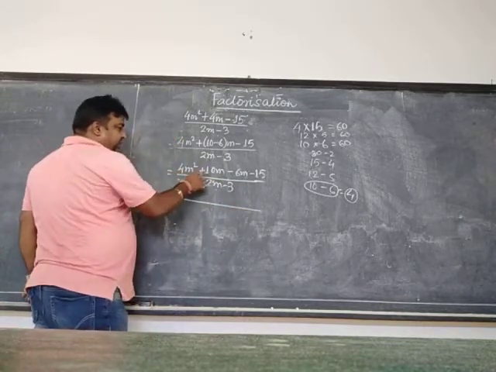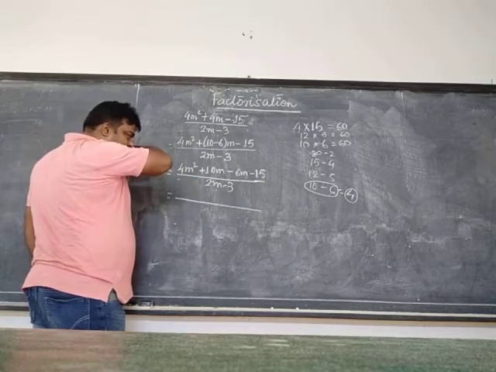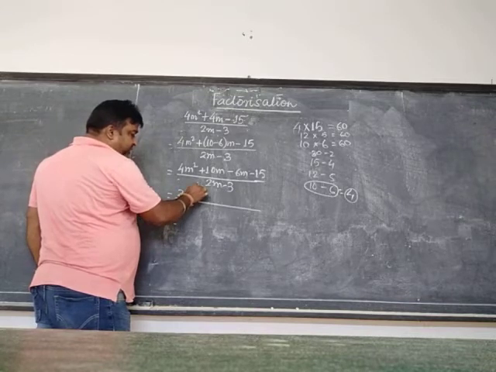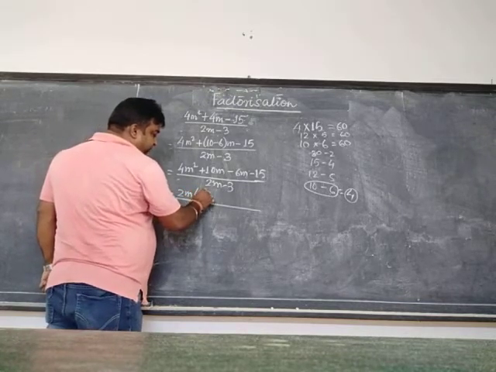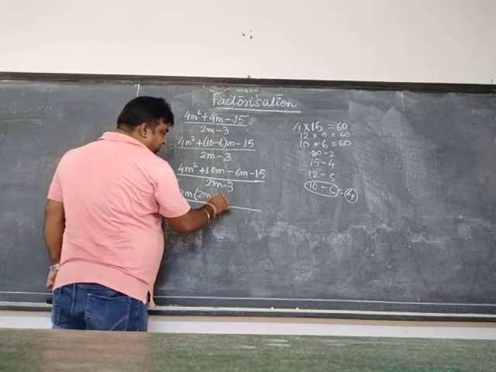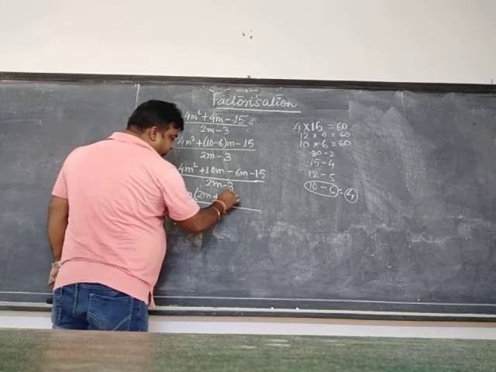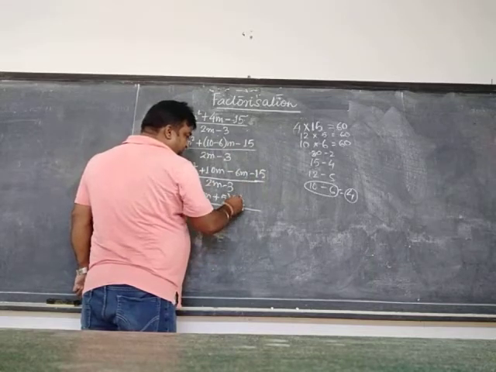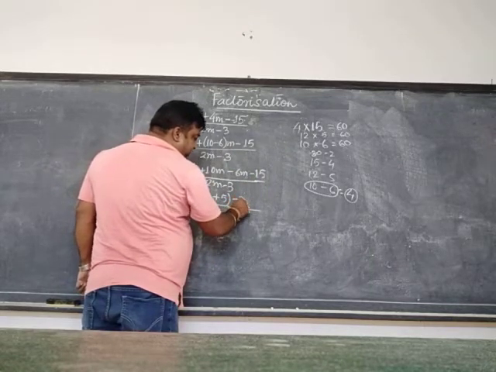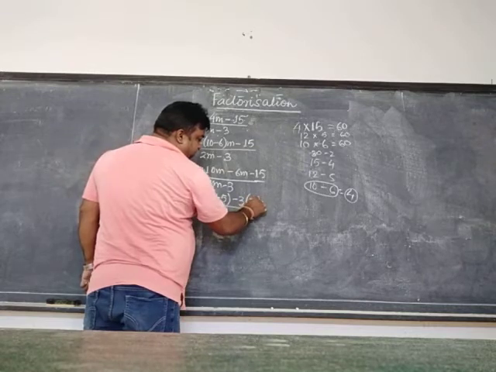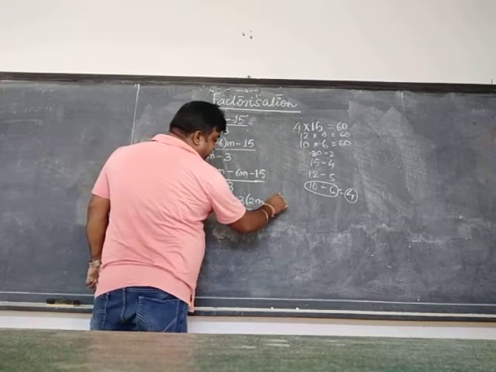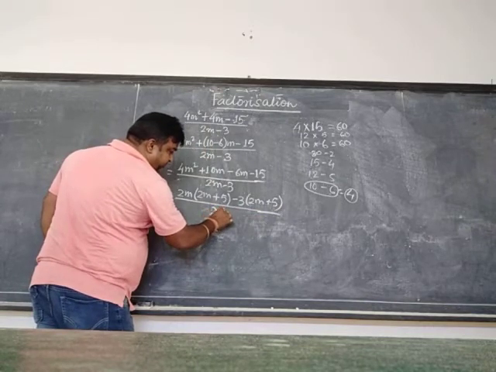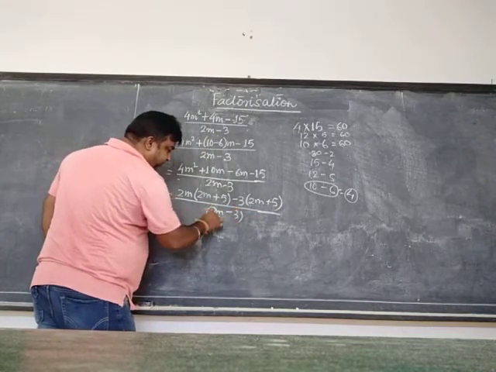Now 4 and 10, the common is what? 2 and also m. So 2m common, within bracket 2m plus 5. Here 6m and 15, minus 3 is common. So that will be 2m plus 5 within bracket it will come. And the denominator is 2m minus 3.